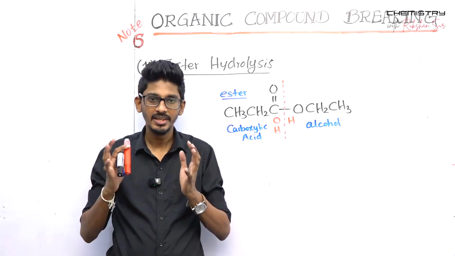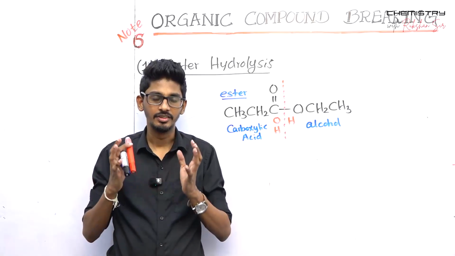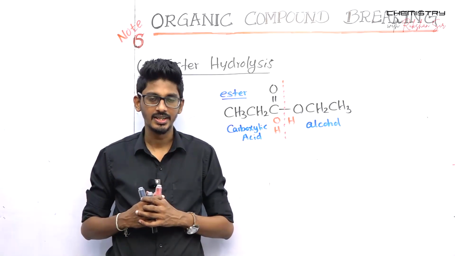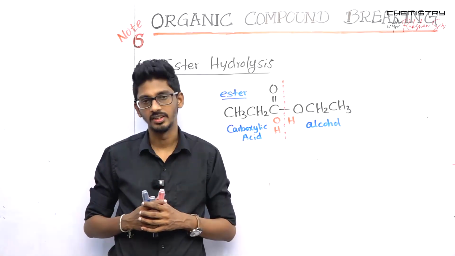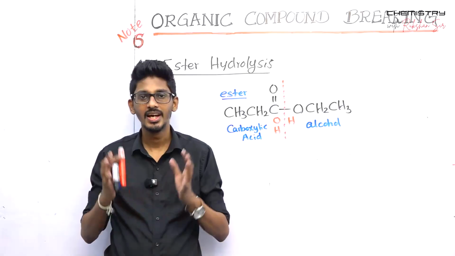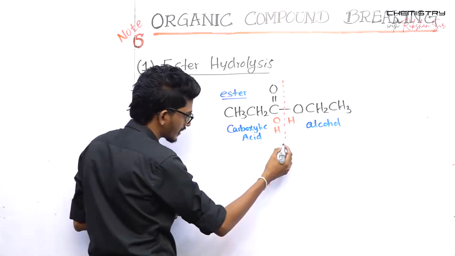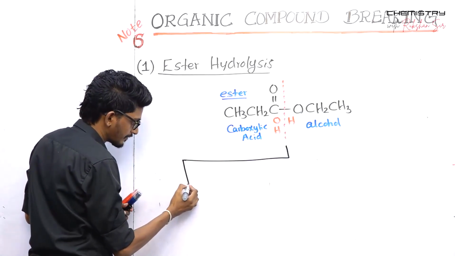If you use the base as the catalyst, it is referred to as the base catalyzed hydrolysis reaction. We'll discuss one by one. First, the acid catalyzed hydrolysis reaction, which is known as the acid hydrolysis.